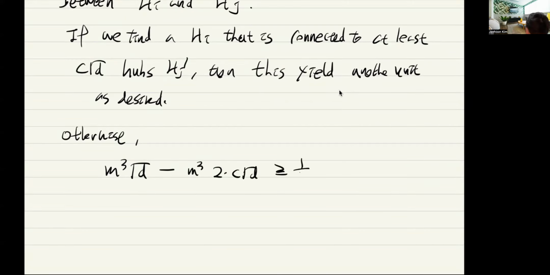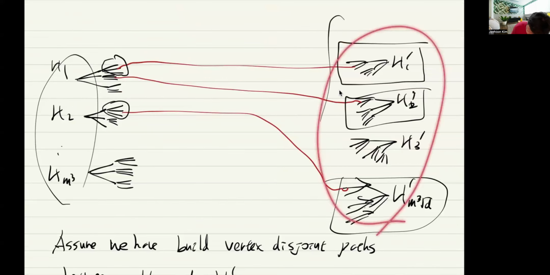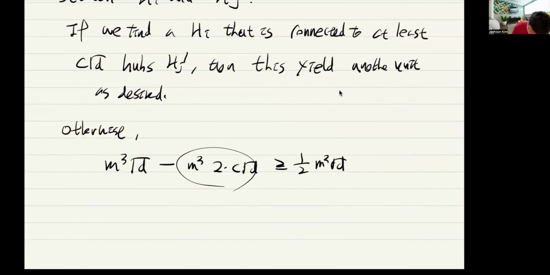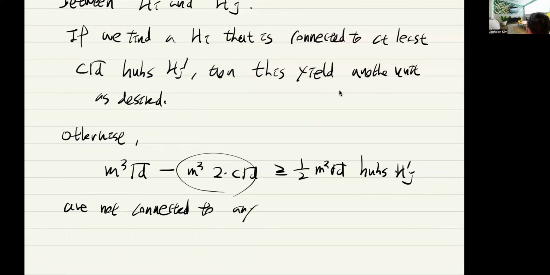So this one is much smaller, half times this. So half of these are still here. So these are kicked out, these are kicked out, these are kicked out, but the unkicked out ones are still half of h prime j, not connected to any path.